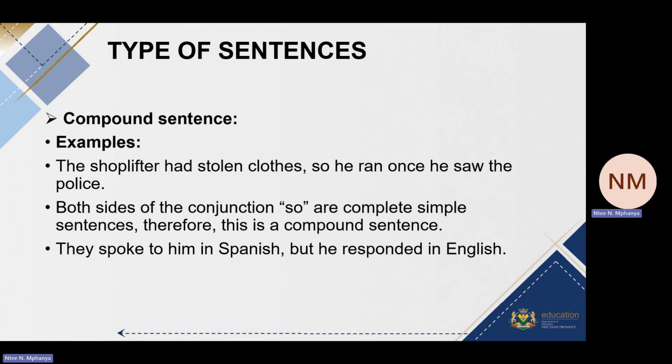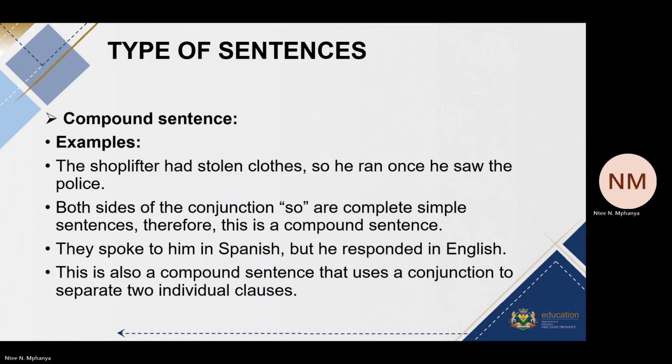If this is a compound sentence, can I see two independent clauses or two simple sentences joined by a conjunction? If the answer is yes to both, then you must know that this is a compound sentence. This is also a compound sentence that uses a conjunction to separate two individual clauses.